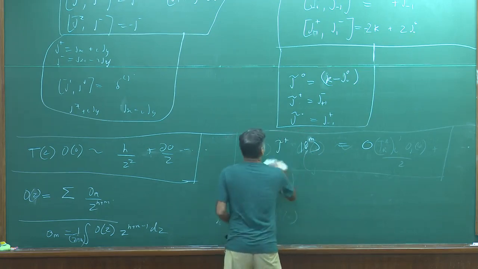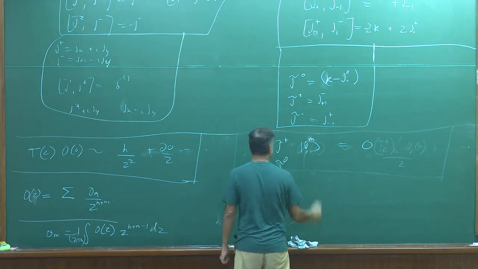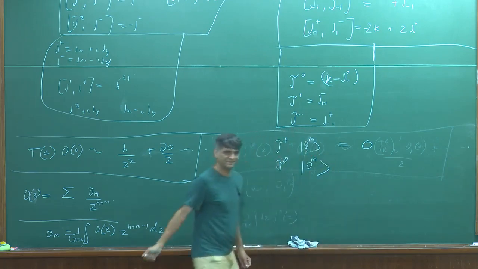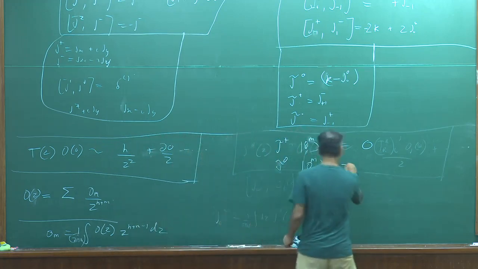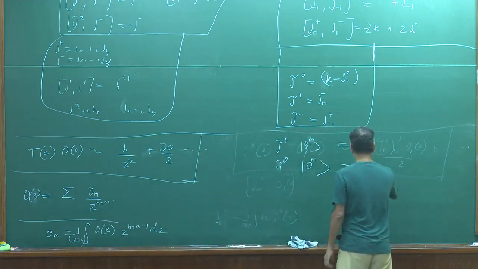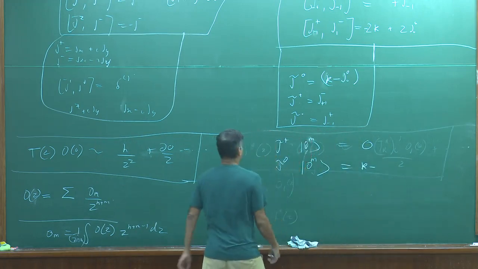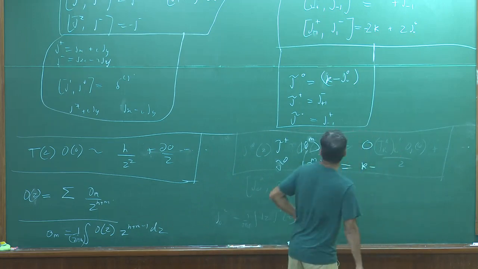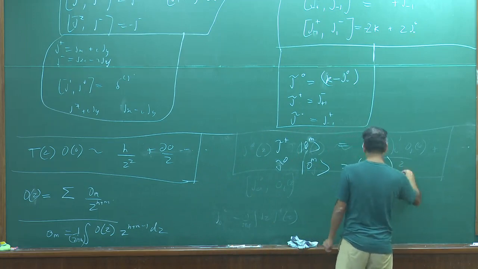Okay, first let's look at the other guy. Let's look at J tilde 0. Okay, what is that? That is equal to, of course, k minus, so this, let's say m is the J_z weight, k minus m on O_m.